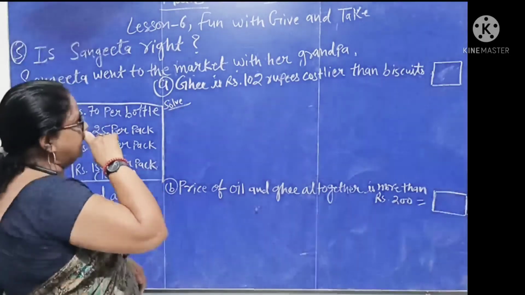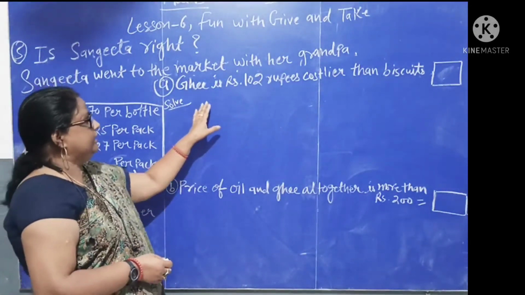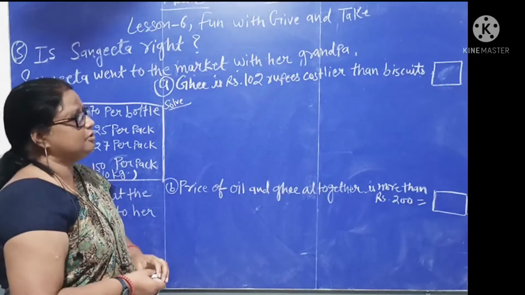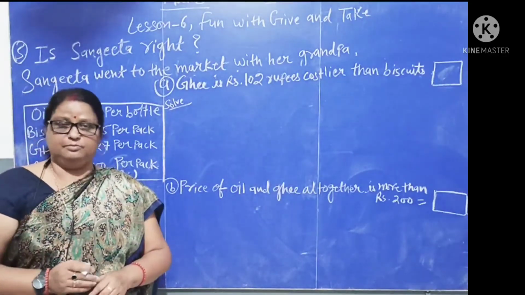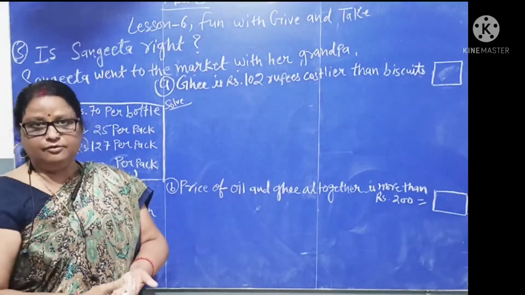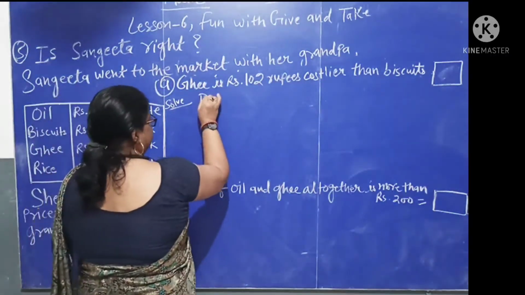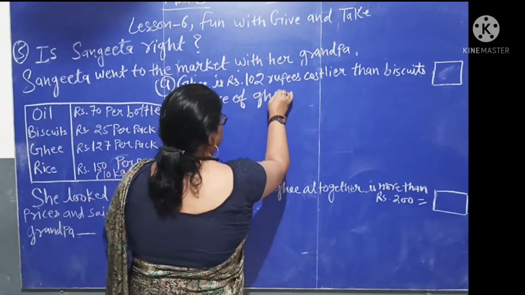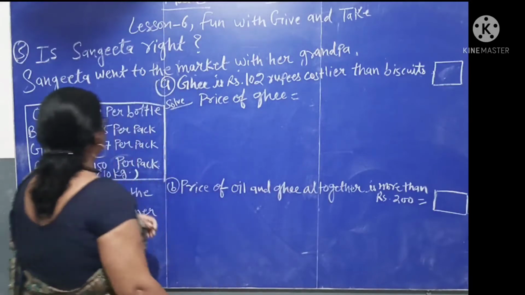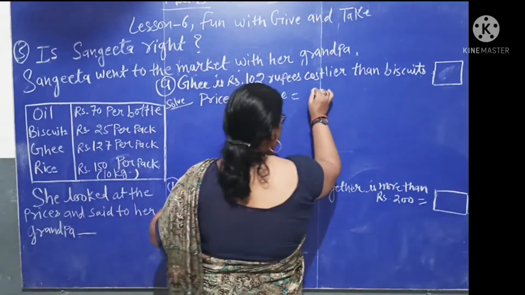Ghee is rupees 102 costlier than biscuits. If we want to know that, we have to subtract the price of biscuit from the price of ghee. What is the price of ghee? Rupees 127 per pack.